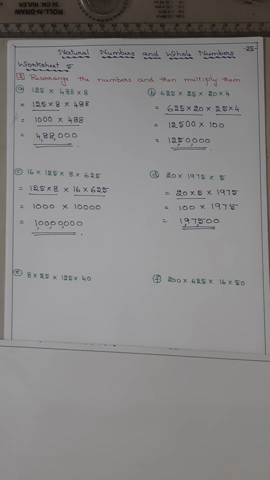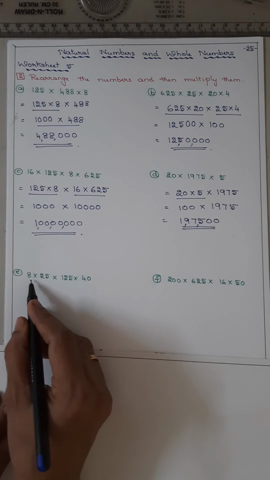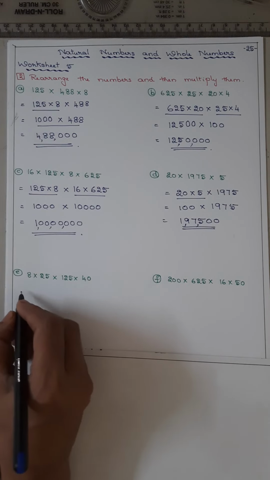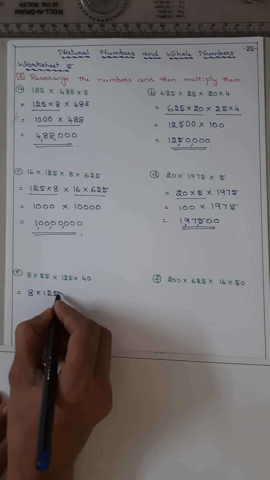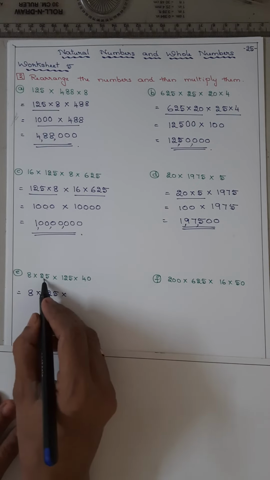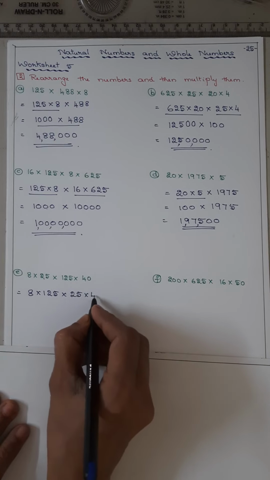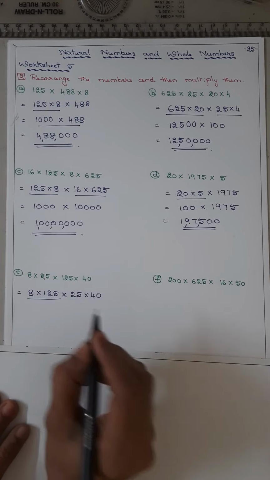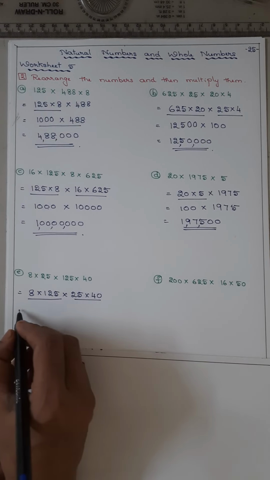Now coming to the question number E. Already you know 8 into 125. Write it first. What's remaining? 25 and 40. So underline 8 into 125, 25 into 40.